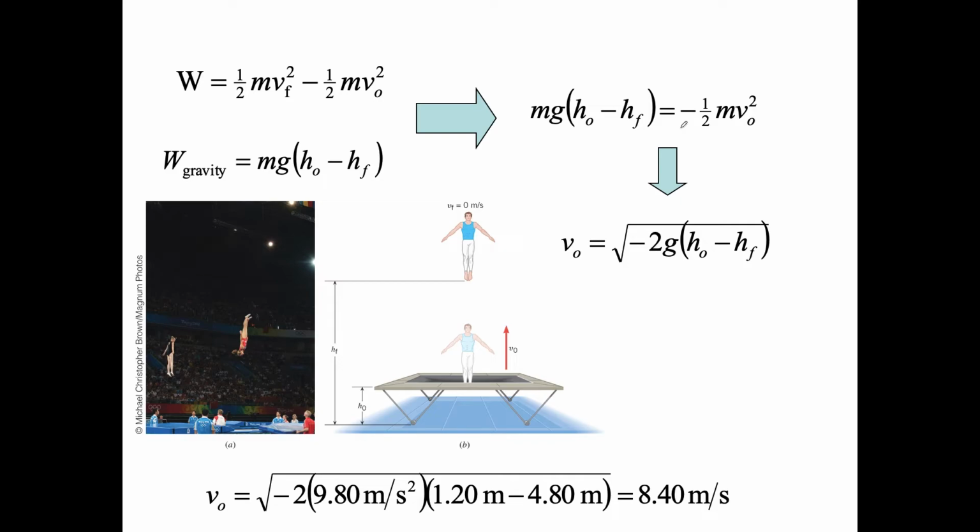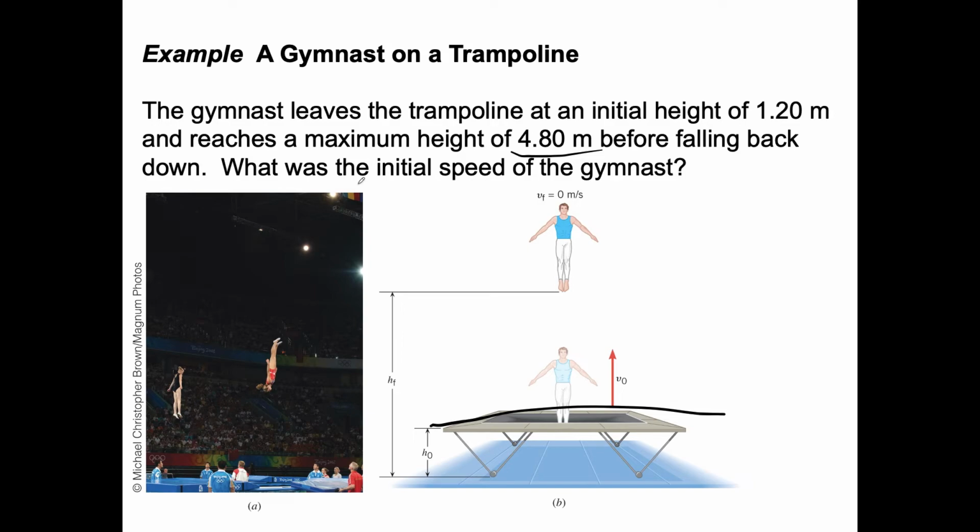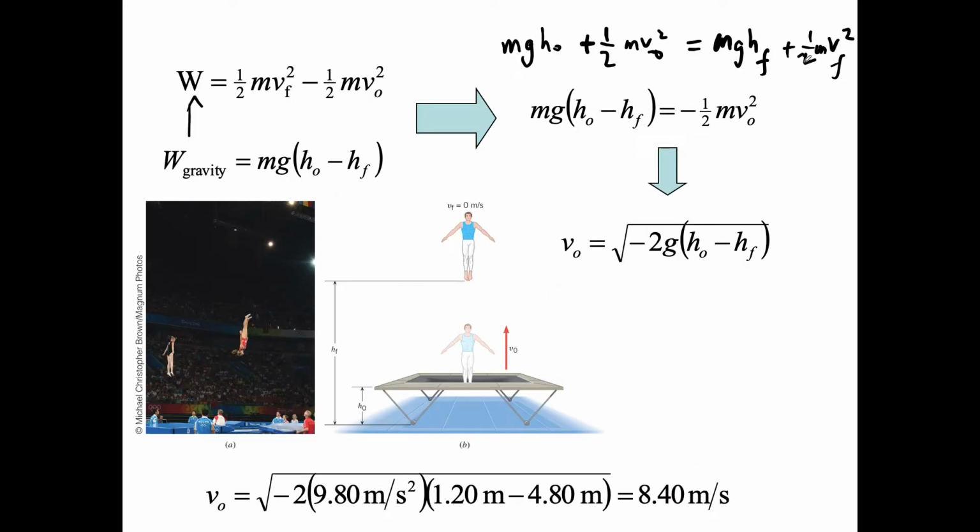Or in other words, we can also write it as initial gravitational potential energy plus initial kinetic energy equals final gravitational potential energy plus final kinetic energy. Now we know at the highest point, maximum height, the final kinetic energy is 0.